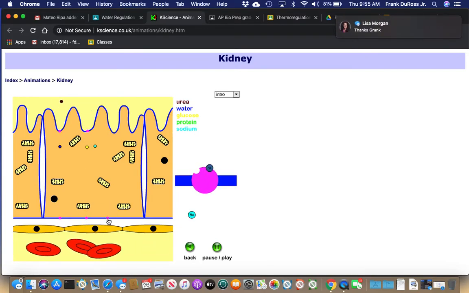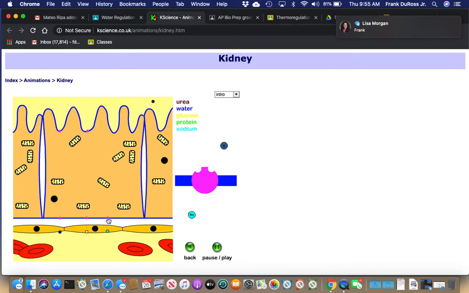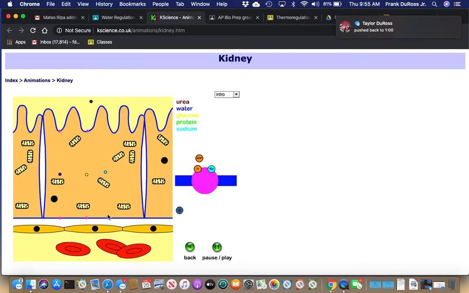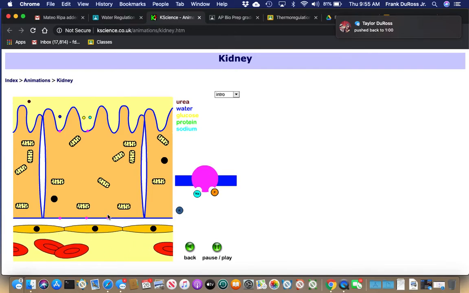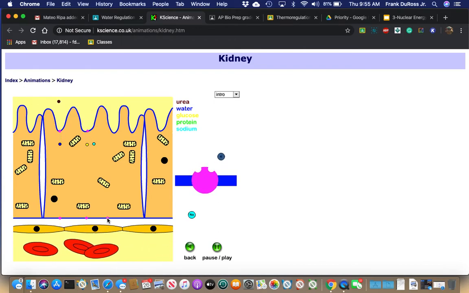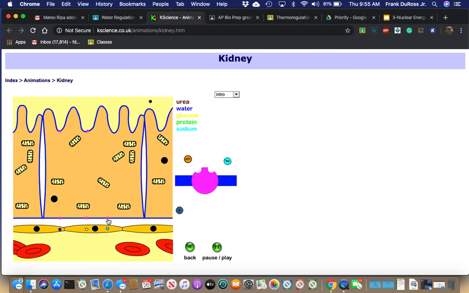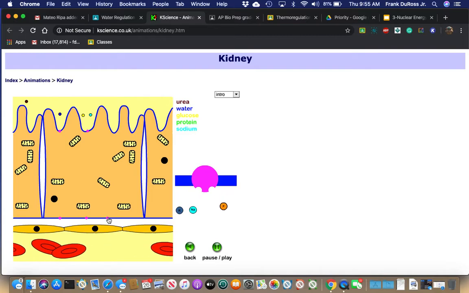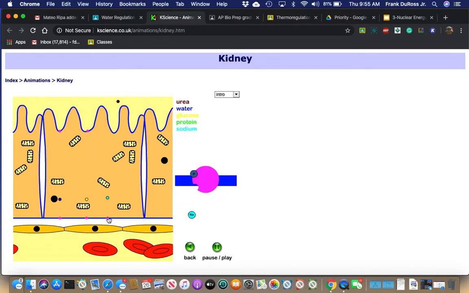The other thing I wanted to point out is that with the sodium you have ATP involved. When ATP is involved, that's a form of active transport. So this protein right here, transporting sodium across the membrane, relies on ATP.